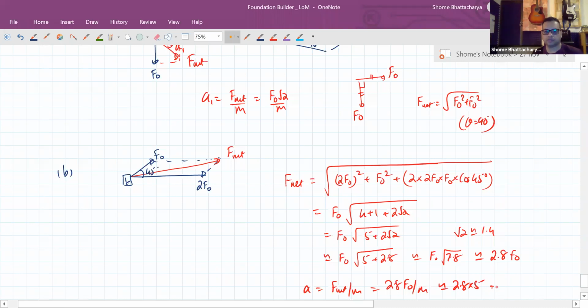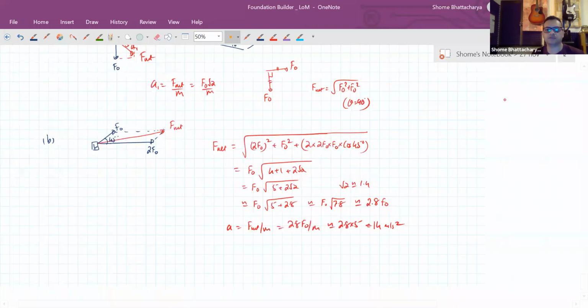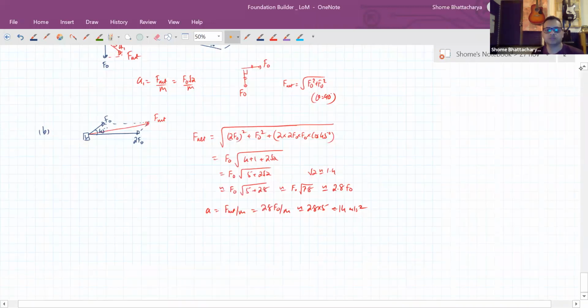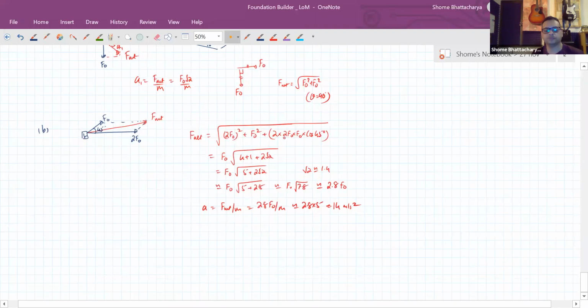So that is close to about 14 meters per second square. Okay. So whichever is the case, whether it's a calculation mistake or wrong steps, make sure you understood this now.